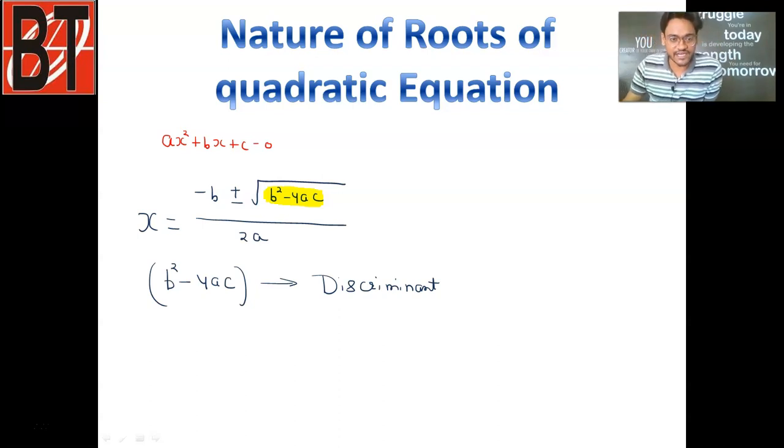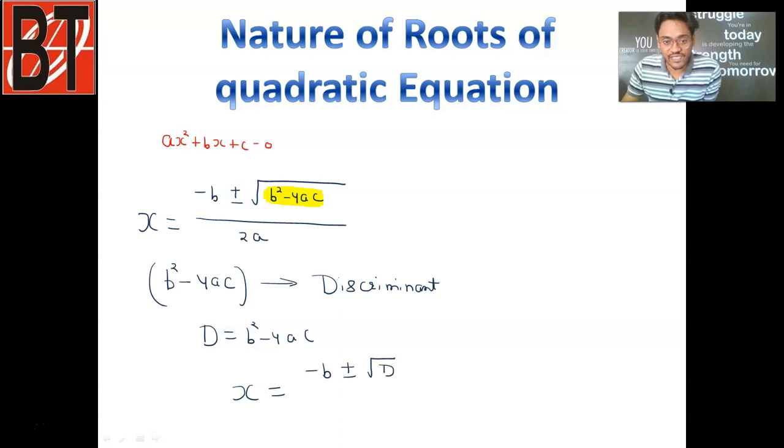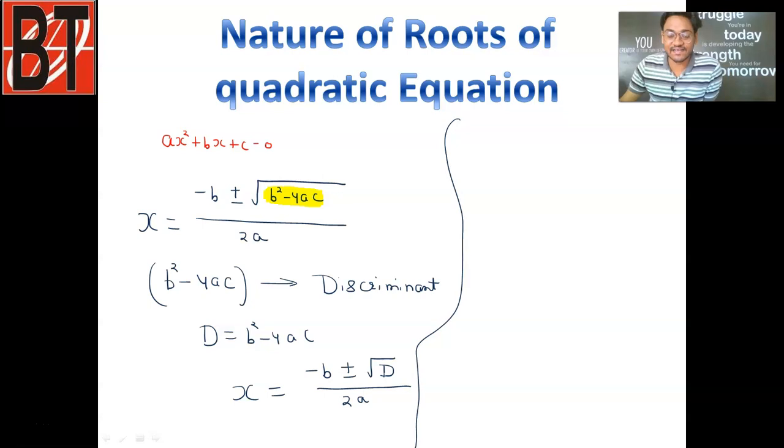So capital D is equal to b square minus 4ac. Also, I can write the quadratic formula in this form: x is minus b plus minus square root of D, because D is nothing but b square minus 4ac. Now let's see how it can decide the nature of roots.